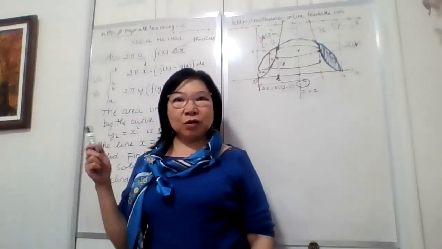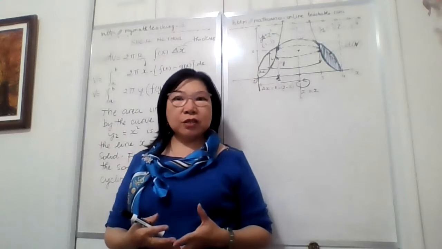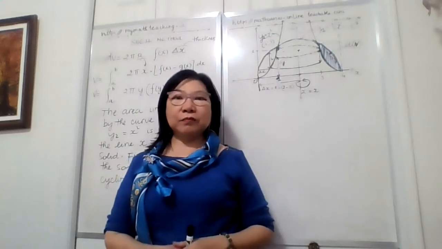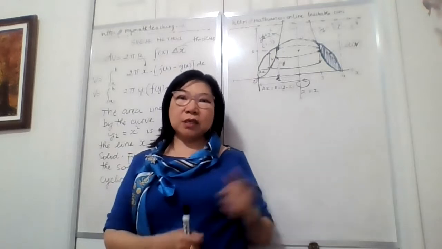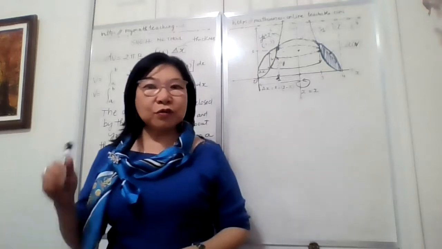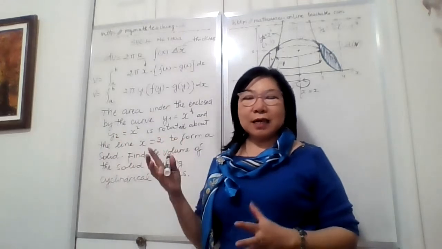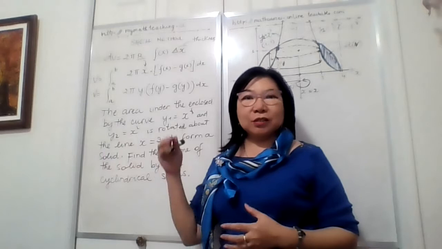Anyway, I'm going to talk about the application of the volume of solid of revolution, following up with the previous lesson. I'm going to read the question out loud to you now and see how we apply the concept to solve it.